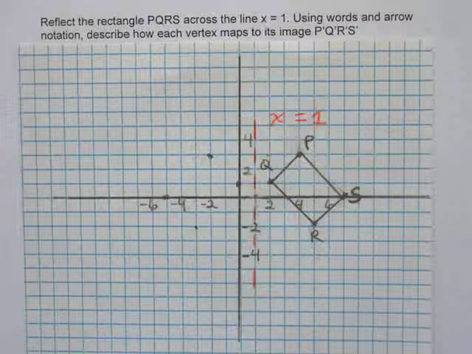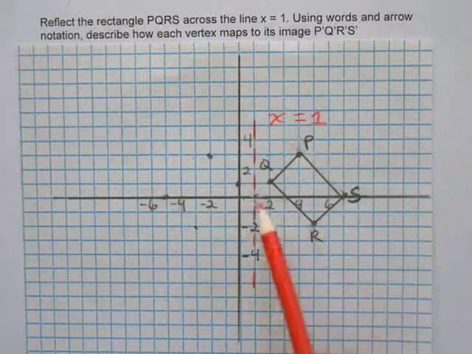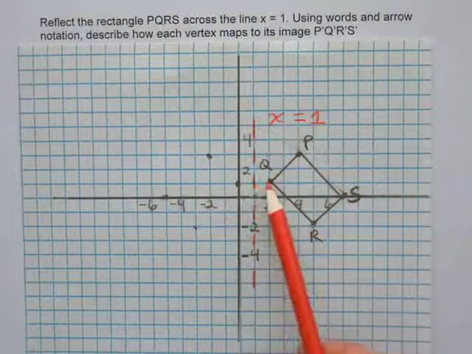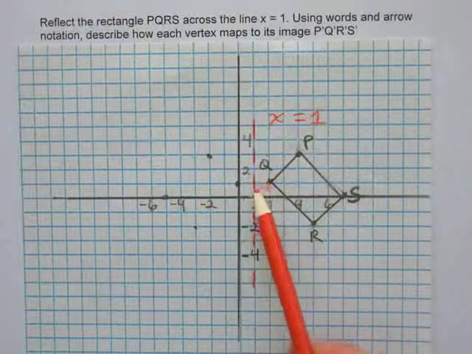All right, when we reflect something across a line of reflection, every vertex needs to be the same distance from the line of reflection. Let me show you what I mean by that. This is the line of reflection, this red line, and the vertex Q is 1 to the right of this line of reflection.